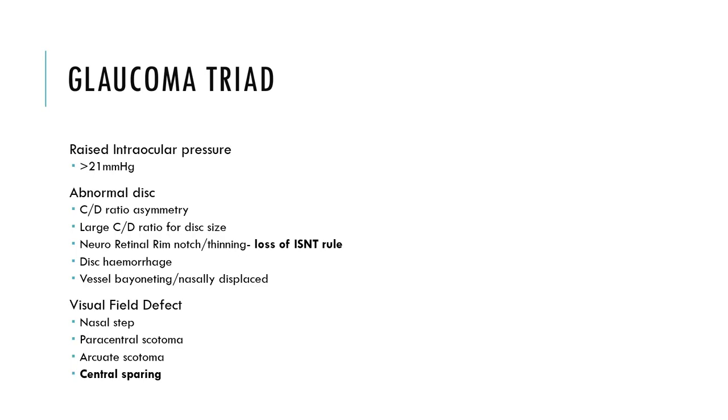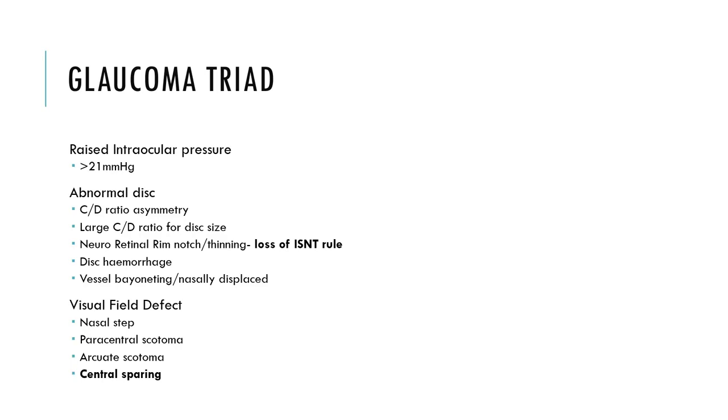Next, and this is something really important to bear in mind, there can be neuroretinal rim notching or thinning. So this means where the disc surrounding the cup atrophies, and this leads to characteristic changes. And the main one to bear in mind is the loss of the ISNT rule.